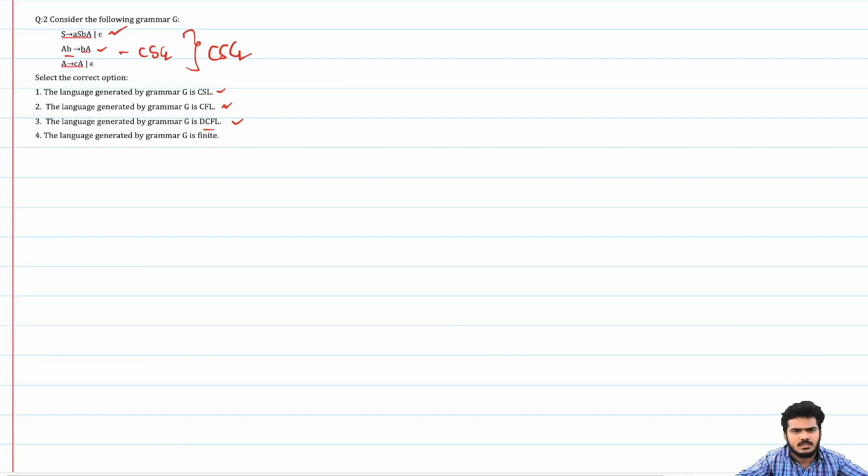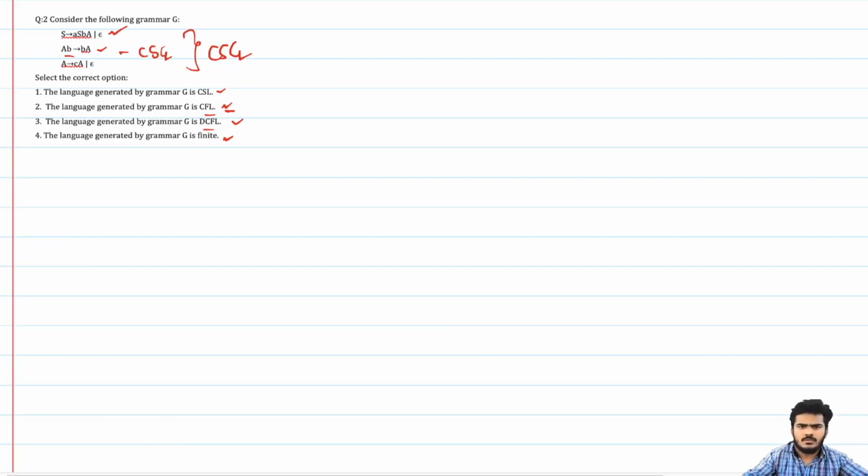And in the second option, if the grammar is producing context free languages, it means we are not able to design a deterministic PDA, we are able to design a non-deterministic PDA. We will analyze that and we will see. Finally, the fourth option says that the language generated by grammar G is finite. Finite means that it is a regular language. Any language which is finite will always be accepted by a finite automaton. So we can say that it is a regular language.